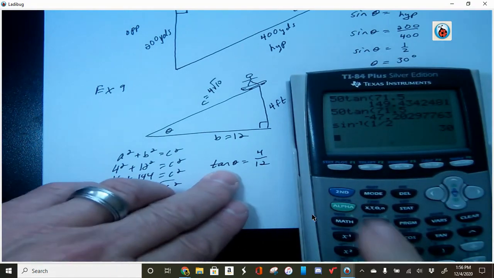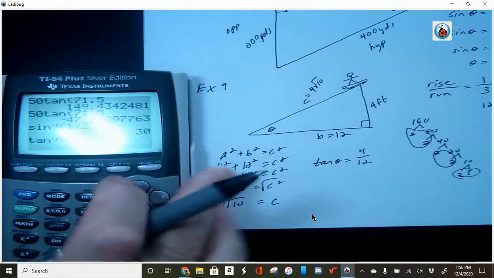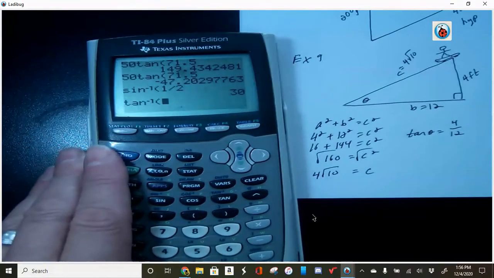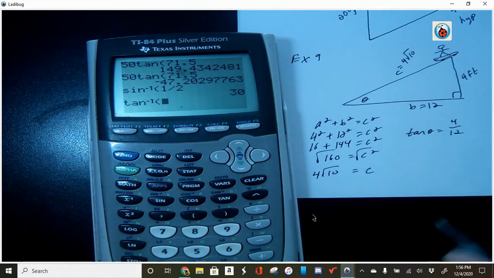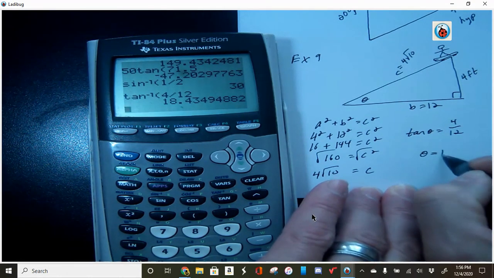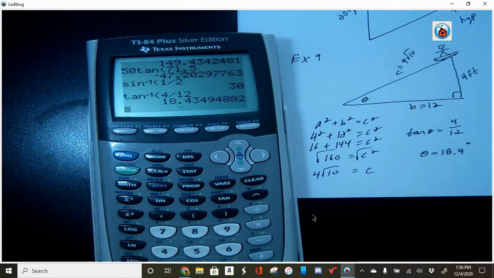This time I'm using tangent, so I'll hit second tangent. There you go, you can see it a little bit better. Second tangent, and I'll type in 4 over 12. And I get an angle measure of approximately 18.4 degrees. Okay, I can't get it any more exact than that. I could, but we don't need to.